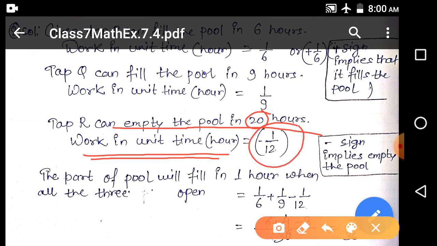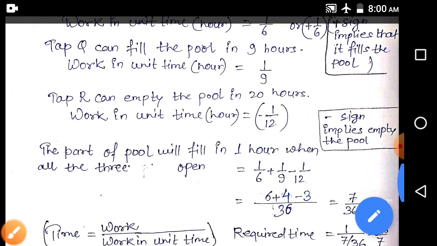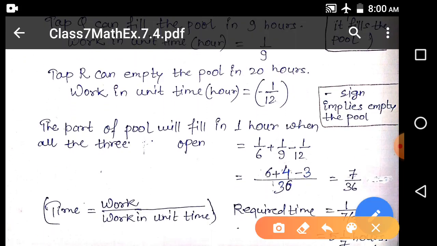And here the minus sign refers to the fact that tap R empties the pool, that is the part of water is subtracted out. Now when they all work together, all three taps are open.